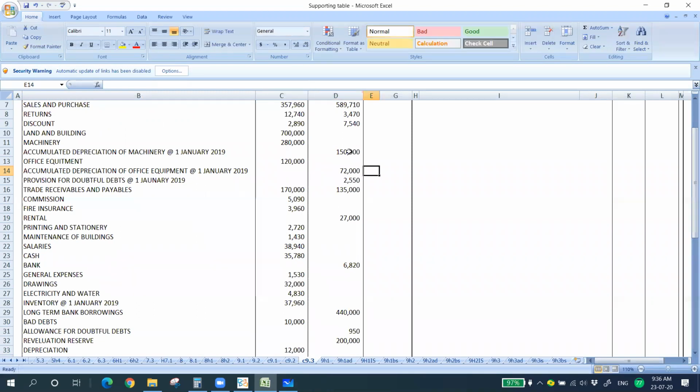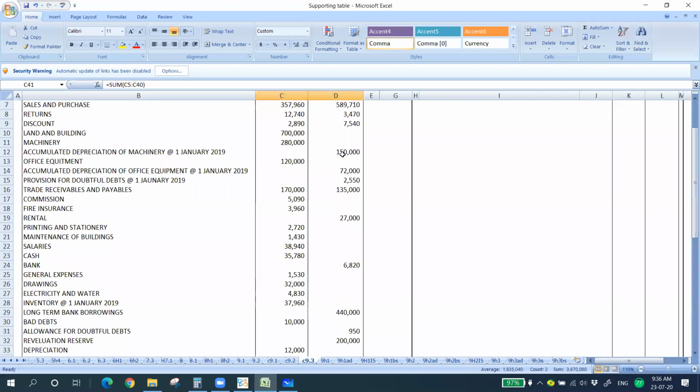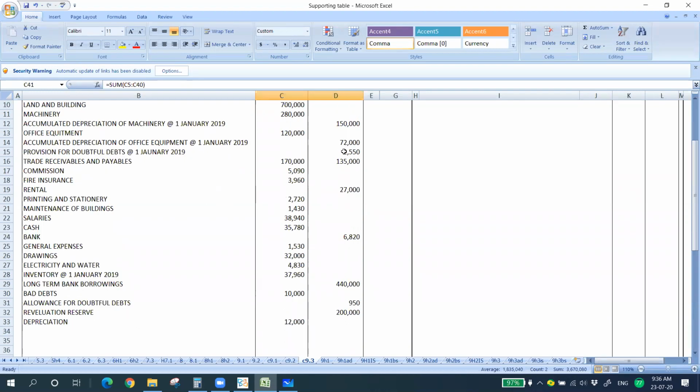After you make the adjustment, check the total. If the total tallies, that means your adjustment is correct. Right, this is the first adjustment we do for the office equipment.